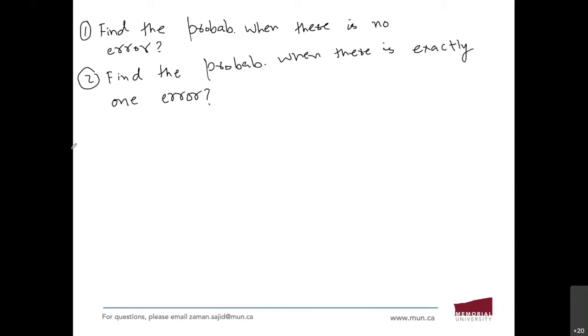Now let's start its solution. For example, we say that x is the number of defective welds.